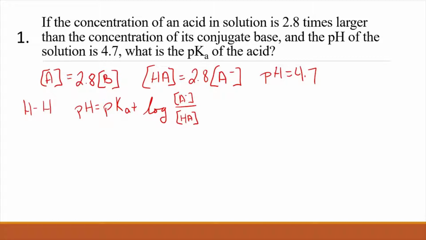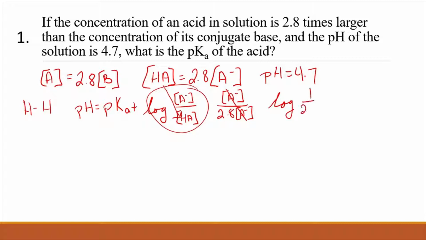So we know we can rewrite this as the log of A minus over HA, and we know that HA is equal to 2.8 times A minus. So those are going to cancel out. So now that gives us the log of 1 over 2.8. So see, we didn't even need actual concentrations. Being given that relationship between the two is all the information that we actually need there.